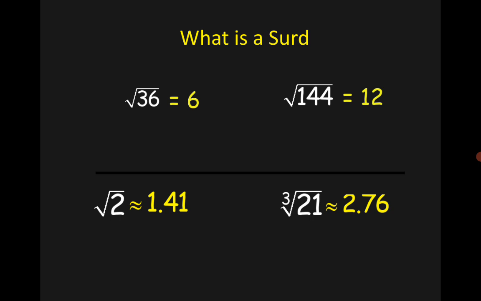So what is a surd? S-U-R-D. What is a surd in mathematics? From the previous starter, you found that the square root of 36 is 6, and that of 144 is 12, and the square root of 2 is 1.41, whereas the cube root of 21 is 2.76.